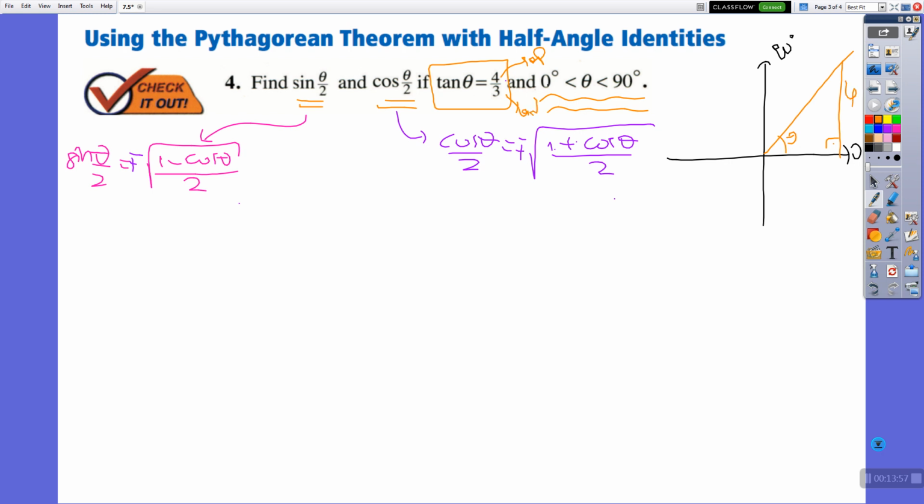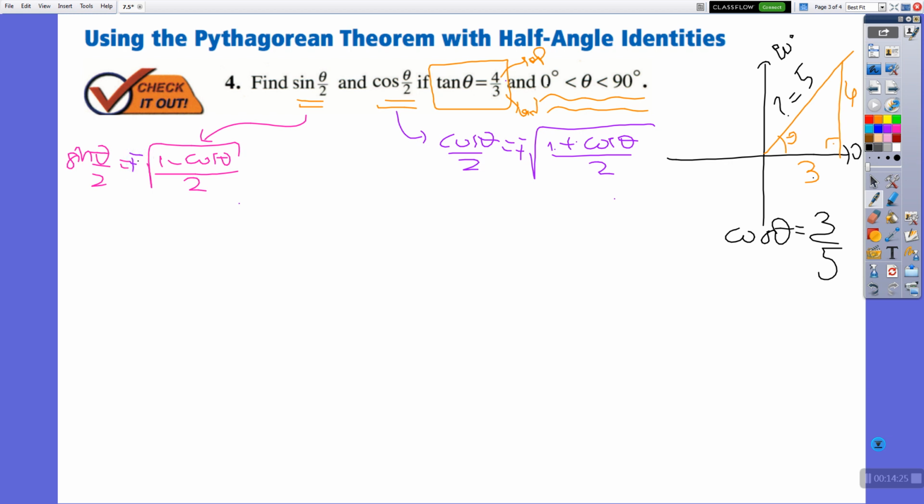Opposite is 4. Adjacent is 3. You either use the Pythagorean theorem to find the hypotenuse or just recognize the special triangle here, 3, 4, and 5. So what we need here is cosine. Cosine theta is adjacent over hypotenuse. Your adjacent is 3, hypotenuse is 5. So now I got my missing value.